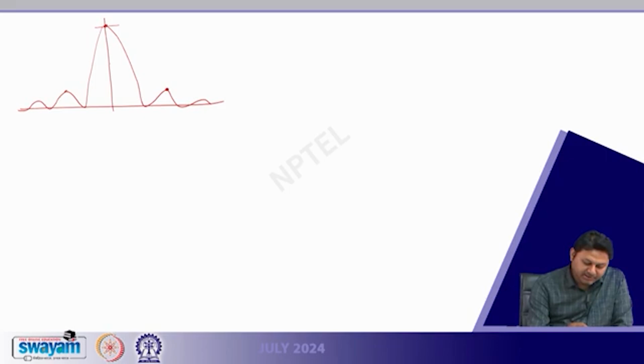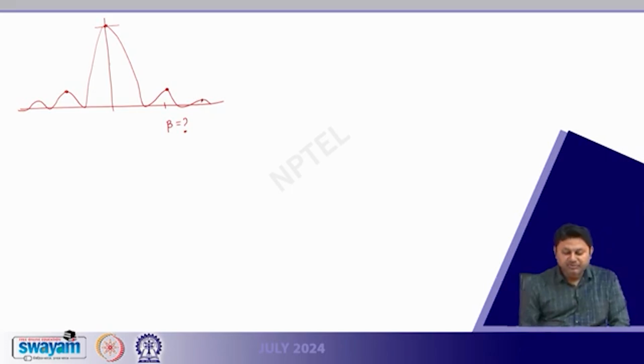This is the first secondary maxima, and we want to find out the location of beta for that value. My aim is to find out the value of beta for this, and for this, and so on.